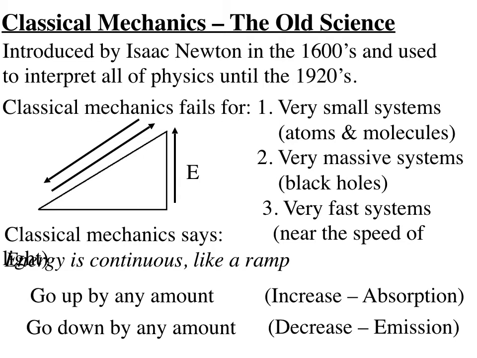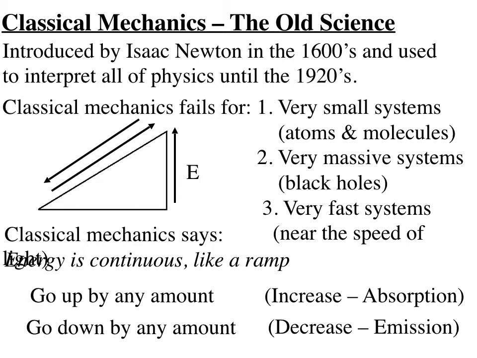So in this way, all possible energies seem to be likely. That's what is true in our macroscopic world that we live in. Huge entities like you and I seem to experience continuous states of energy, meaning I could go up and down an energy ramp by any amount I want. I can go up, which would be absorbing energy, and have an increase in energy as I absorb any amount I want.